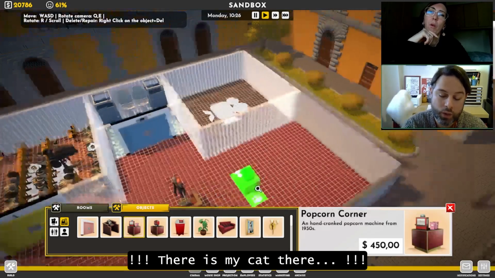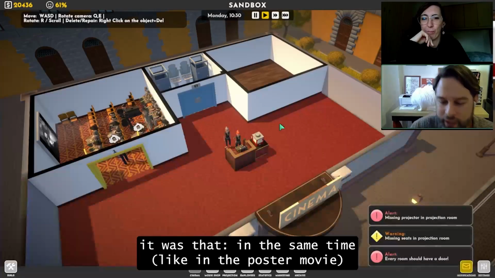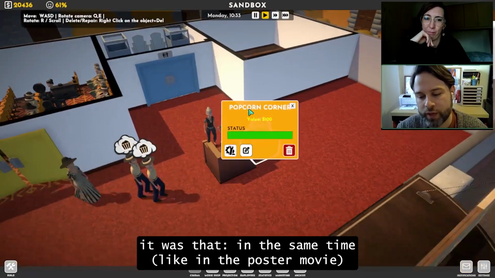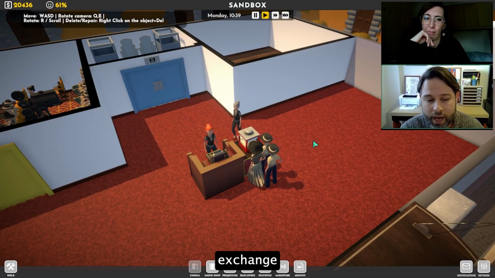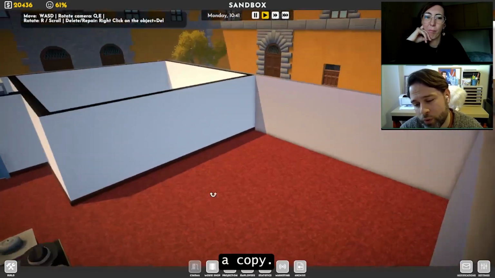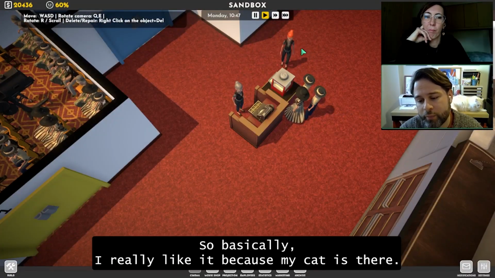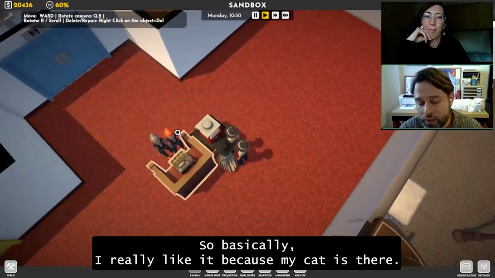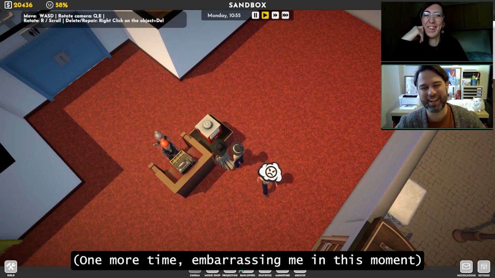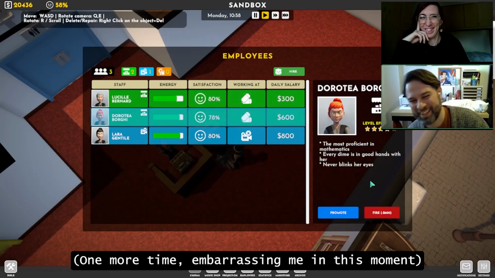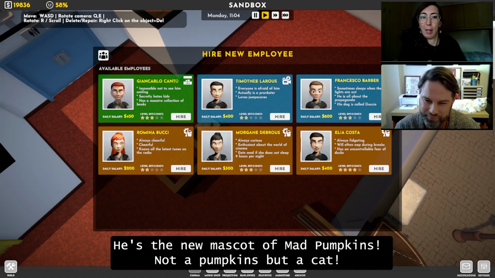What was just different? There is my cat there. The most difficult thing about drawing the frames of the movie was that at the same time, like in the poster, I had to make some changes. It wasn't a copy; it was a reinterpretation of the movie. So basically, I really liked it because my cat is there. He's very beautiful. More interesting than me in this moment. The new mascot of Movierooms, not a Tempings, but a cat.